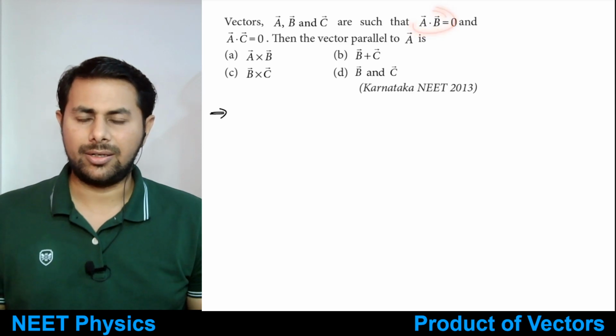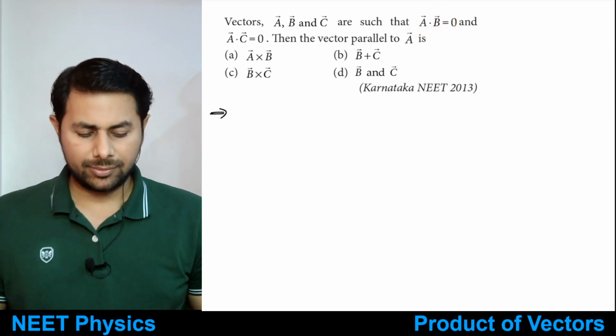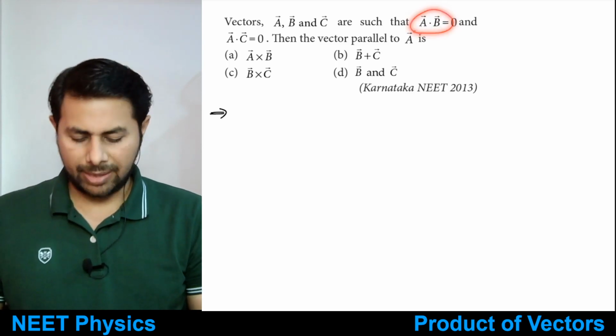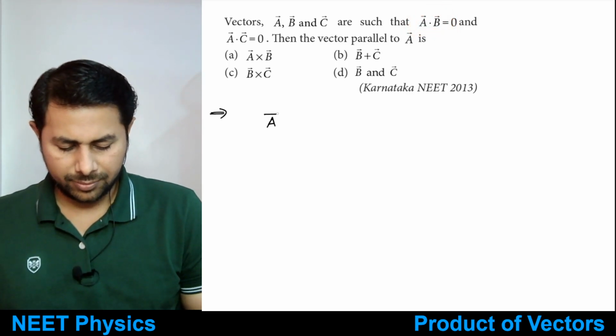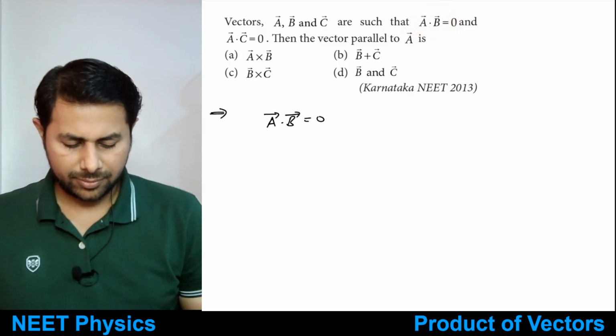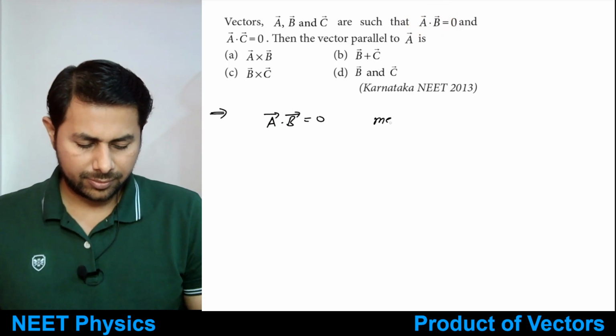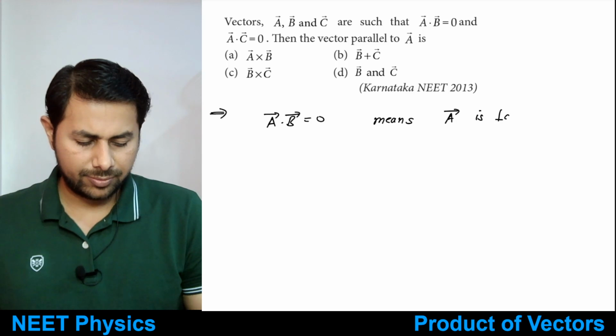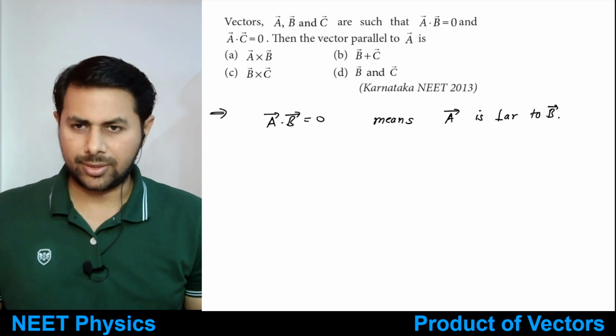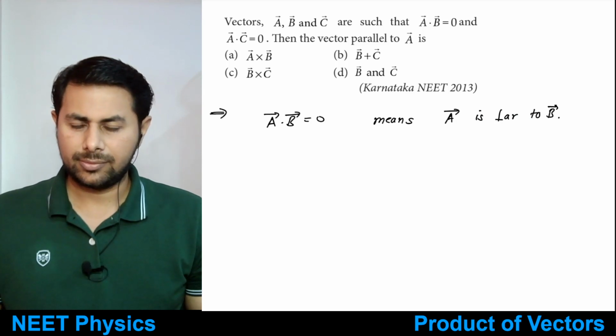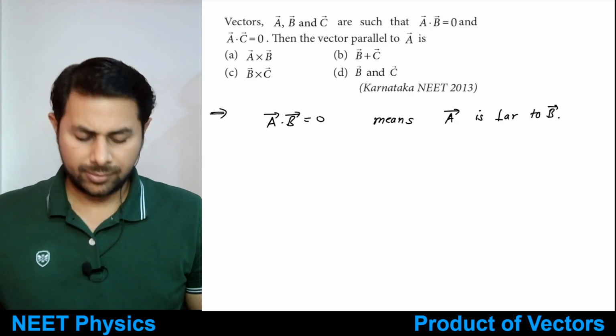and b bar are perpendicular to each other, right? A bar dot b bar is equal to 0 means a bar is perpendicular to b bar. Okay, right?